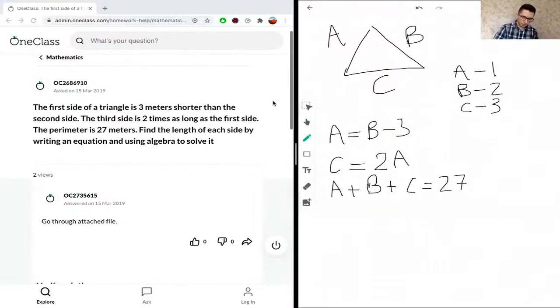So we'll start off with substituting this equation. So this equation and this equation, so A and C. Well, actually, that won't work out too well for us.